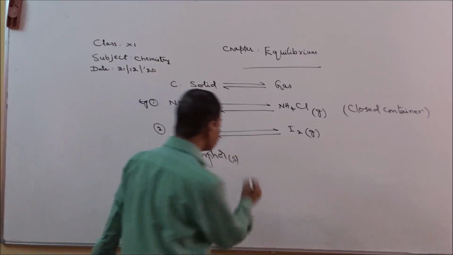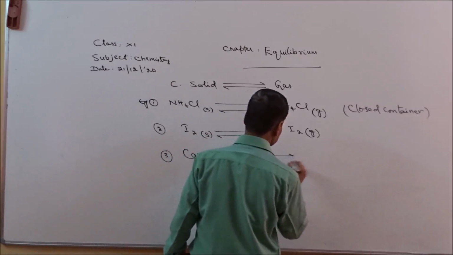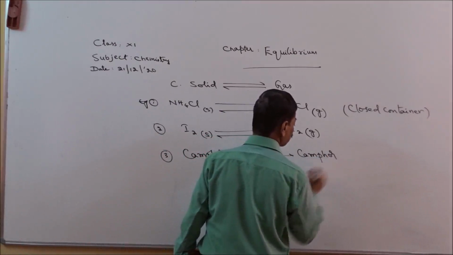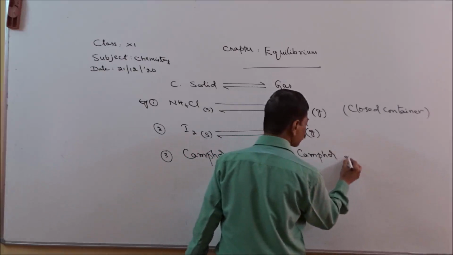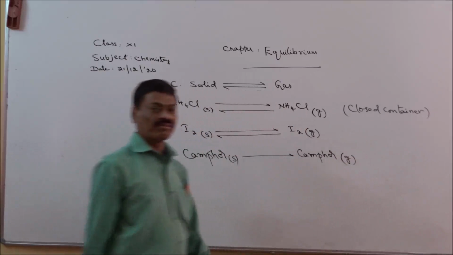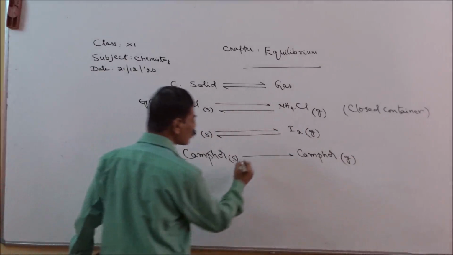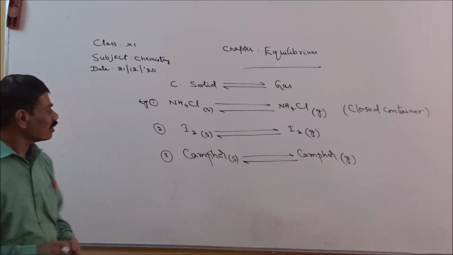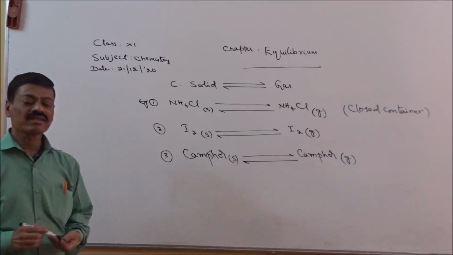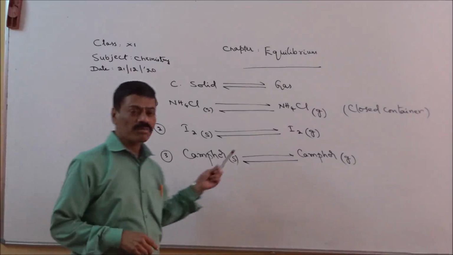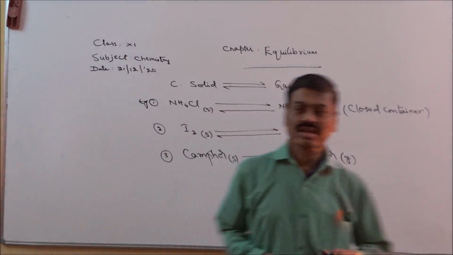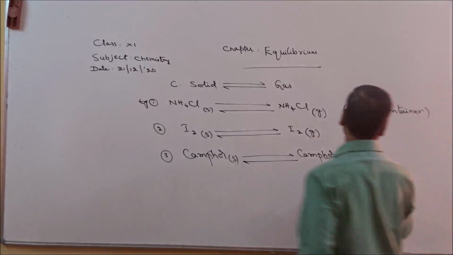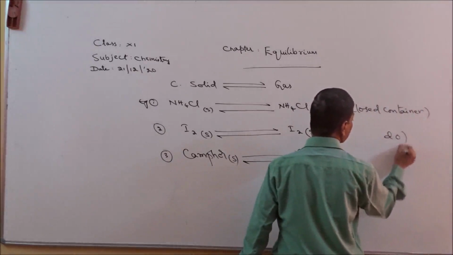When it is heated, it directly enters into gaseous form. When the gaseous camphor is cooled, it enters into solid form. Means, in all these 3 examples, heating is followed by cooling. Number 2, all these changes should be carried out in a closed container.